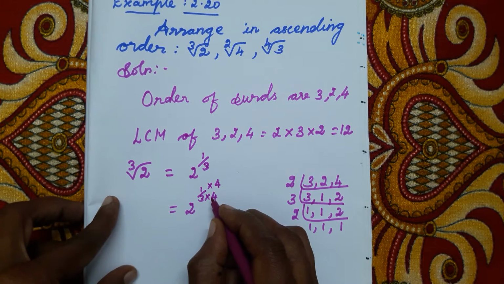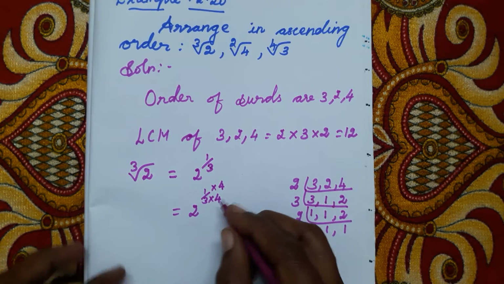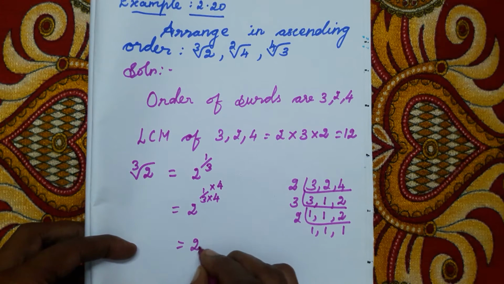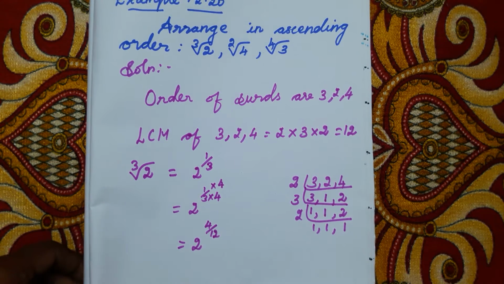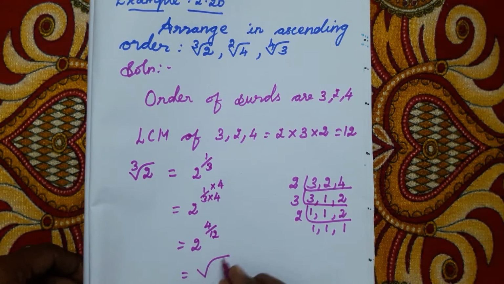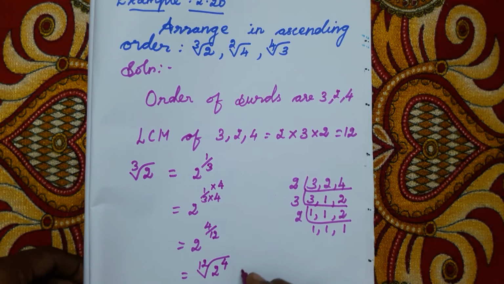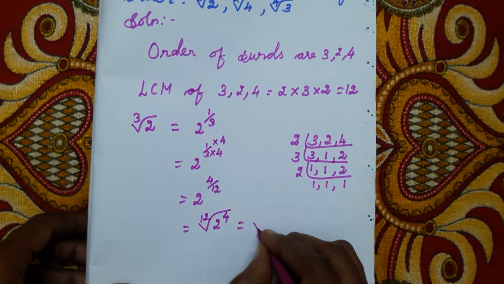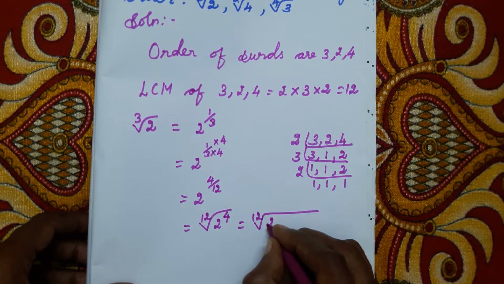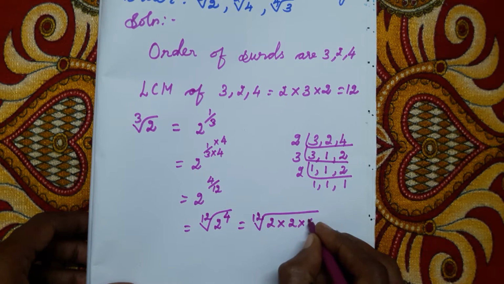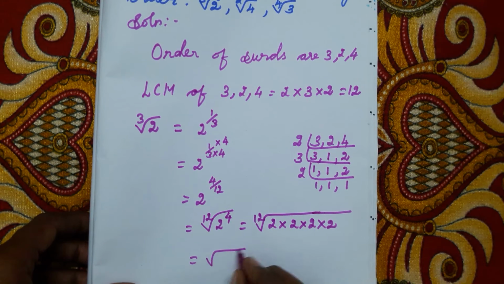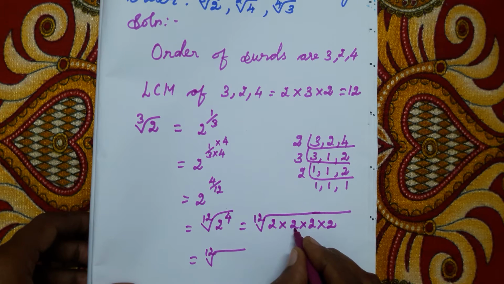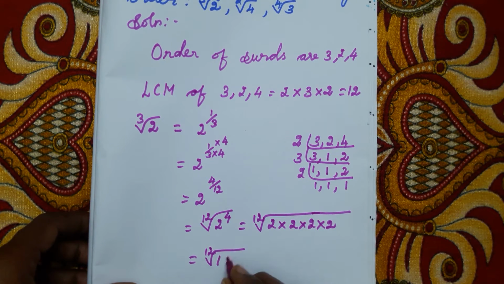So we get 2 power 4 by 12. Now we can write this as 12th root of 2 power 4, which is 12th root of 2 into 2 into 2 into 2. 2 twos are 4, 4 fours are 16.